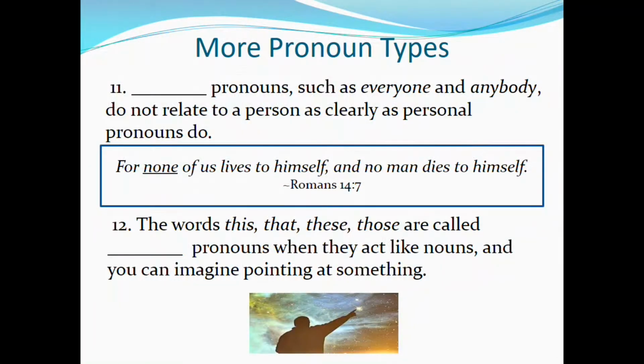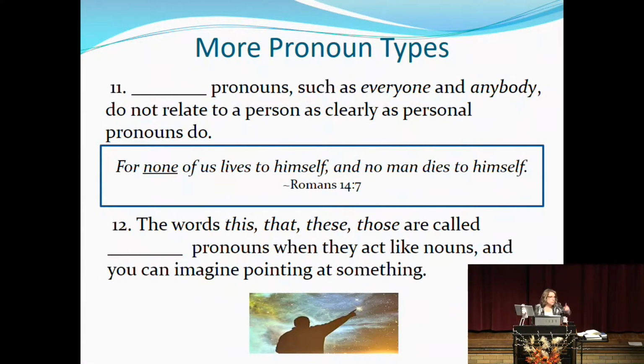And here, I put an example. So here you have a man who's pointing, and he could be saying, this is God's creation, as he's pointing out there. And he could be saying that to somebody. So you're there and you're participating in what he's pointing to.